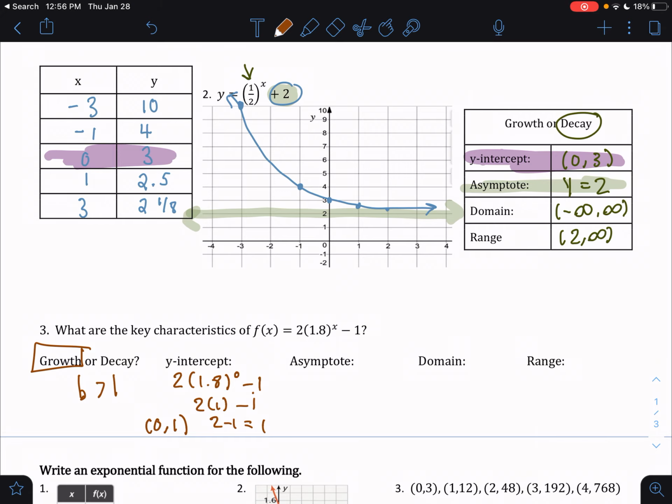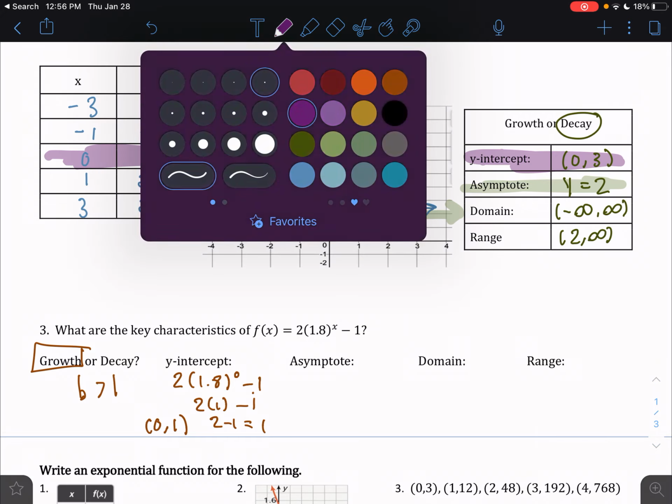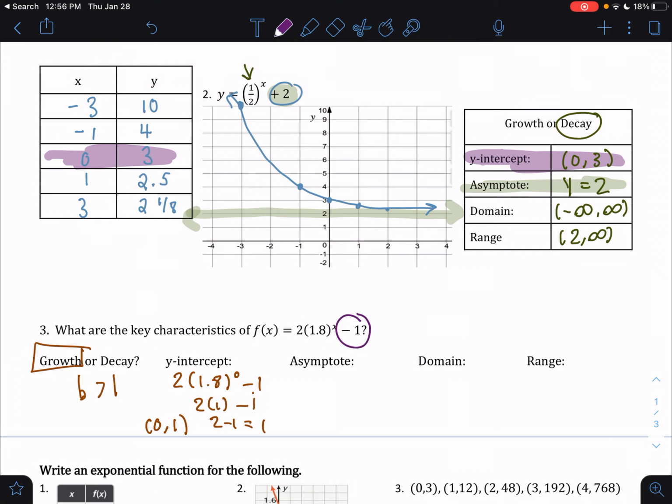The asymptote, remember that comes from the c here, so y equals -1. The domain, as always, is all real numbers. And then the range. So what is it approaching? It's approaching the asymptote. What's the asymptote? -1. So our range is -1, comma, infinity.